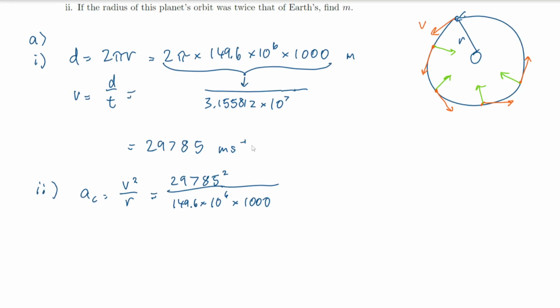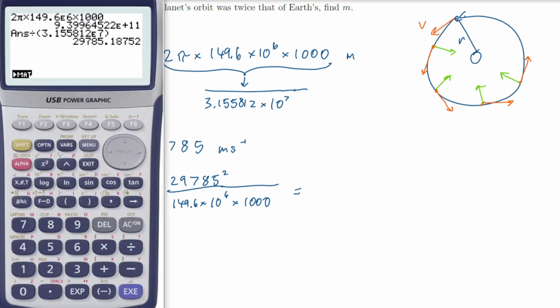Right, speed squared, we worked out in part 1, divided by radius. So on my calculator, I have speed as the last answer, so I will just hit the squared button, and I will divide it by 149.6 times 10 to the 6. Actually, that would be times 10 to the 9 if I times it by 1,000, but let's just do it in full. Right, so that's right, yep.